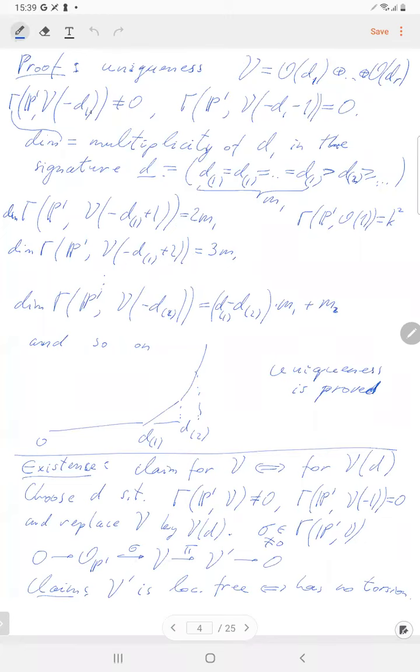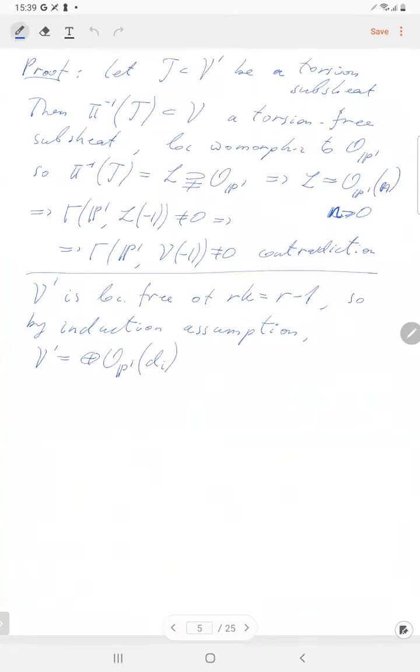Right? Okay. So if it strictly contains OP1, it must be a strictly positive line bundle. So when you twist it by -1, it still has a section. But it contradicts our assumption. We assume that V of -1 does not have any global sections. Okay, thanks.